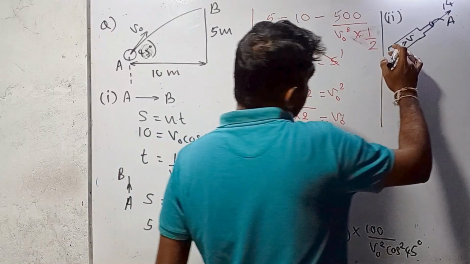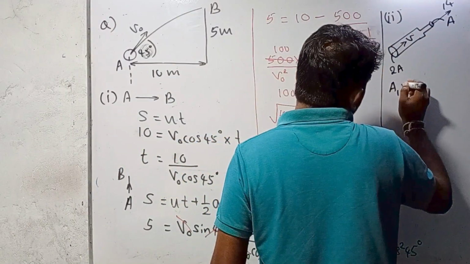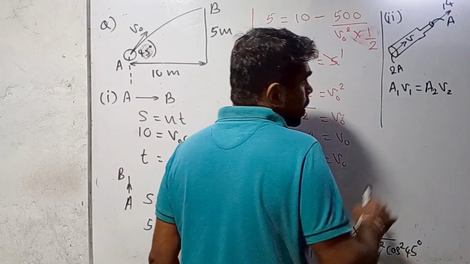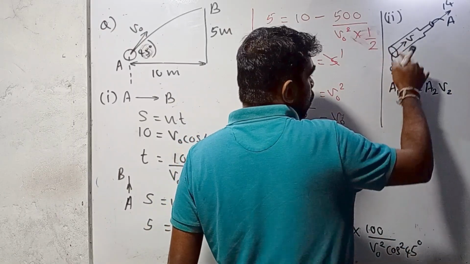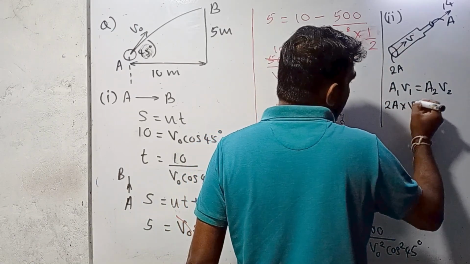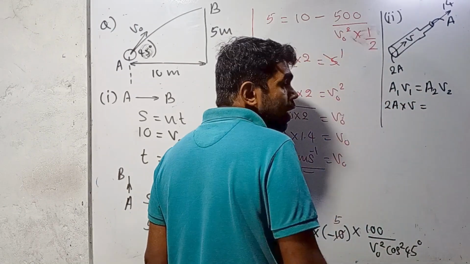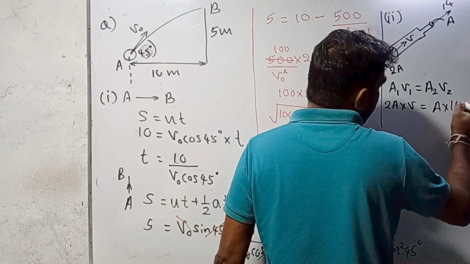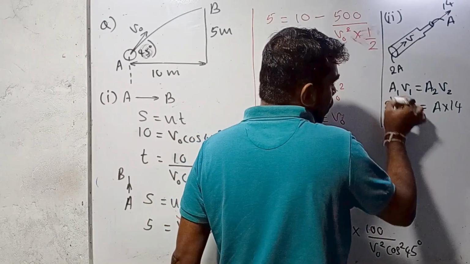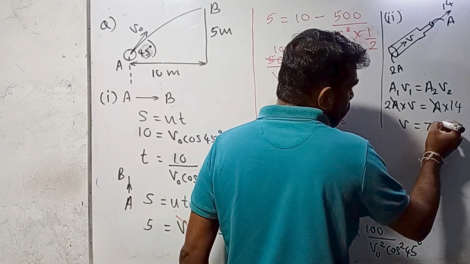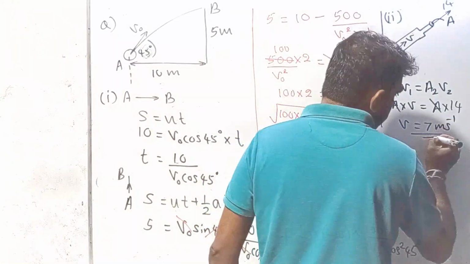Then we can apply the continuity equation A1 V1 equals A2 V2. A1, the area of the hose, is 2A. V1 is the velocity in the hose, which I will call V. A2 is A, and V2 is 14. Then we can cancel out A and A. We find V equals 14 divided by 2, which is 7 meters per second.